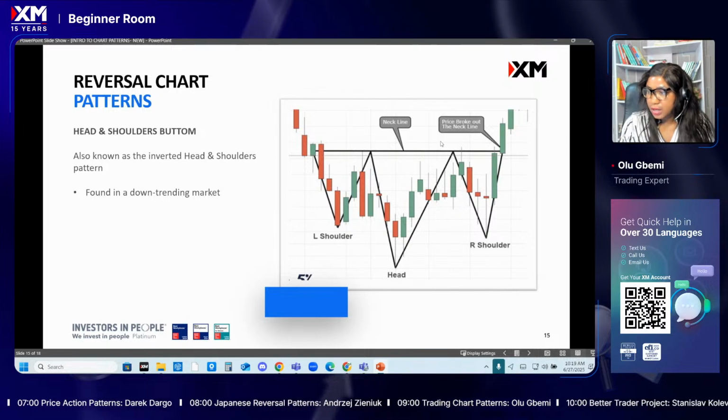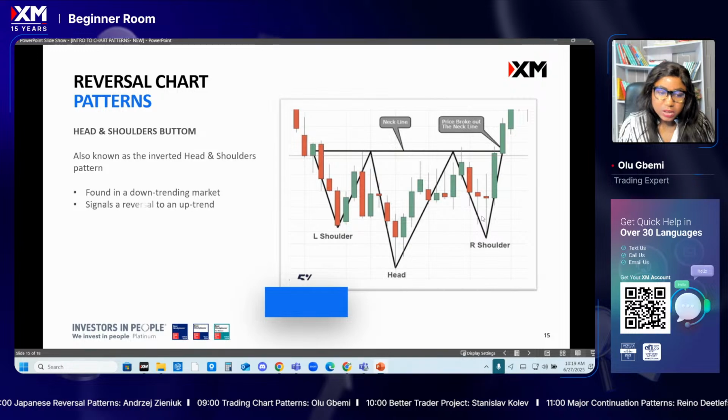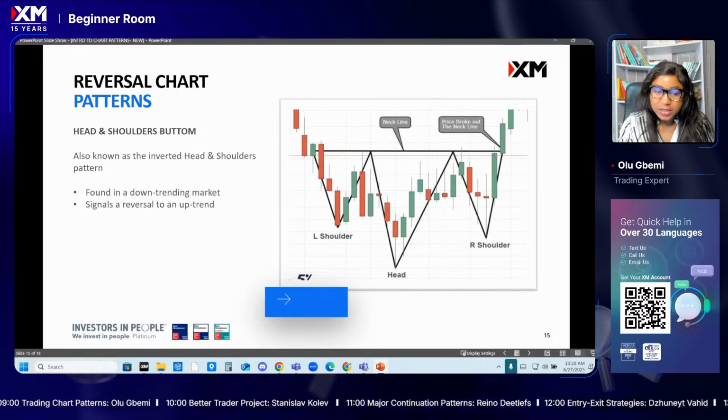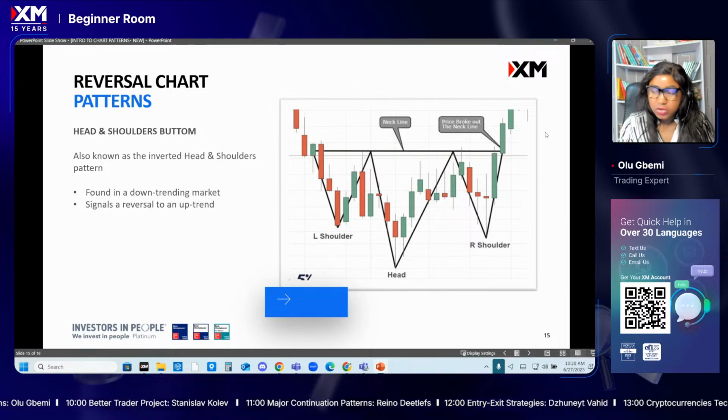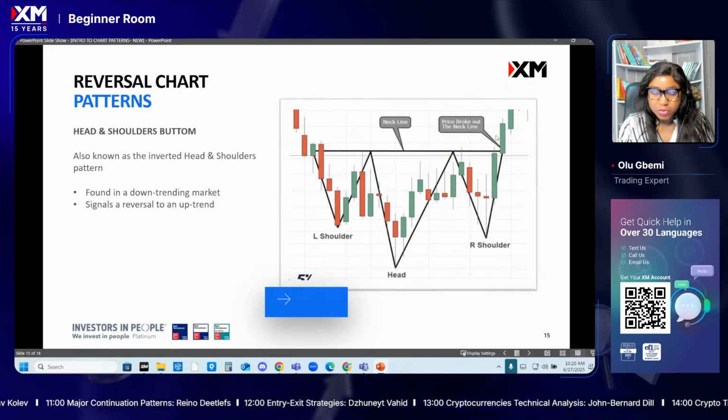And with a higher high, what are we looking to do? Looking for a buy. So this is found in a downtrending market. It signals a reversal from a downtrend into an uptrend, and this reversal can give us an opportunity for a buy.